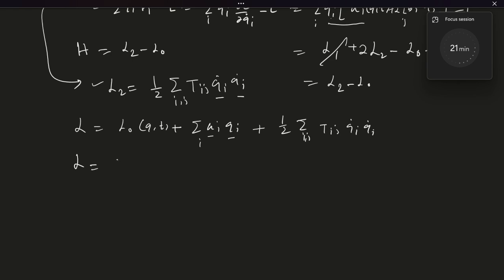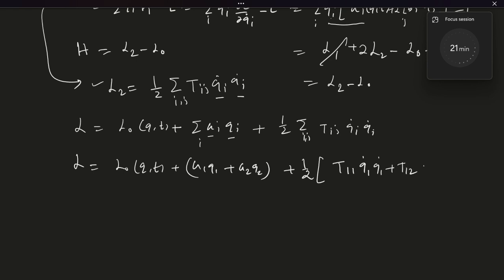Then L equals L0, a function of q and t, plus a1 q1 plus a2 q2, plus half times T11 q1 dot q1 dot plus T12 q1 dot q2 dot plus T21 q2 dot q1 dot plus T22 q2 dot q2 dot.